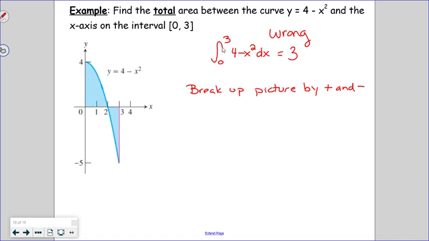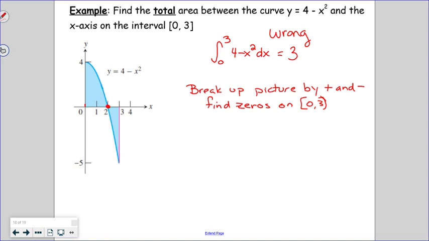Now this one's a pretty easy one, but in order to do that, we have to find the zeros of our function on that interval so that we know where to make those breaks. So we're going to find our zeros. We can set our function equal to 0, but it's 3, isn't it?